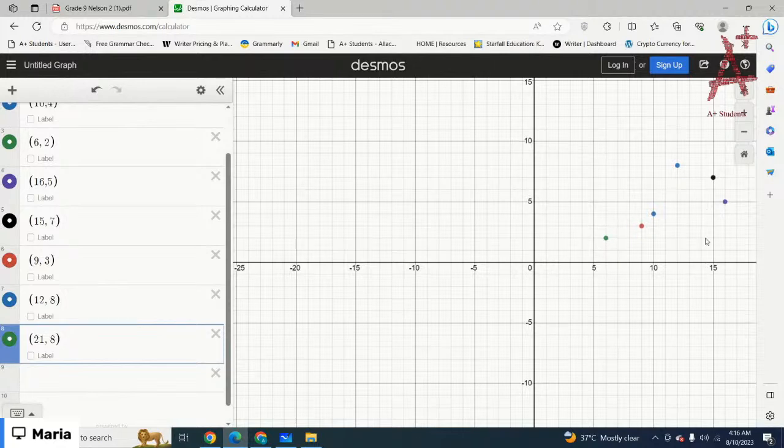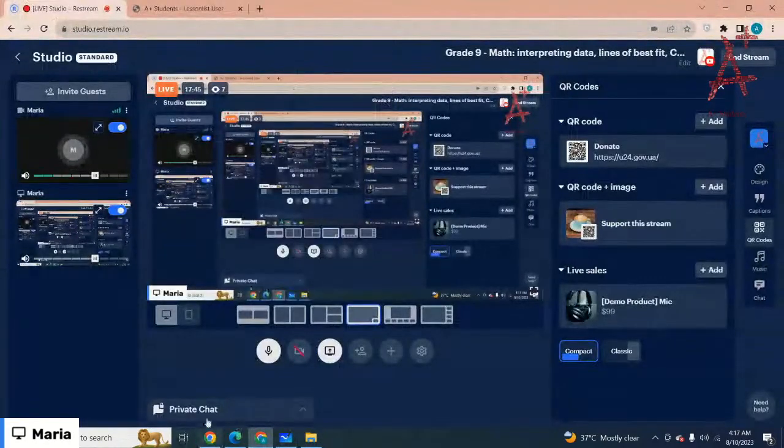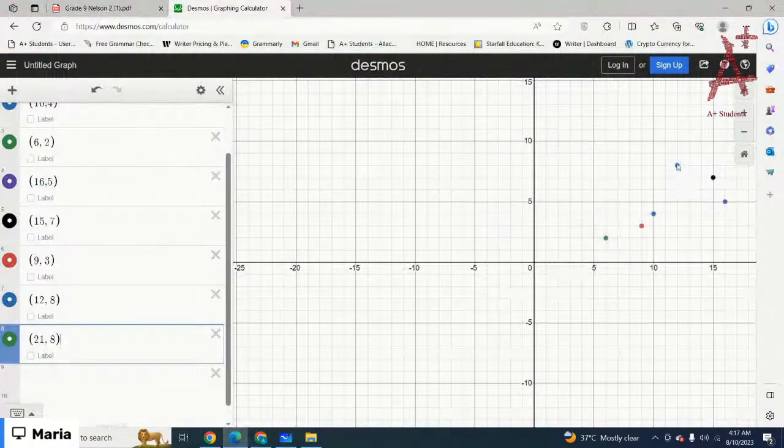Just join them with a line. Okay, that means the line connects the points there. They are 6, 2 and 10, 4, right?